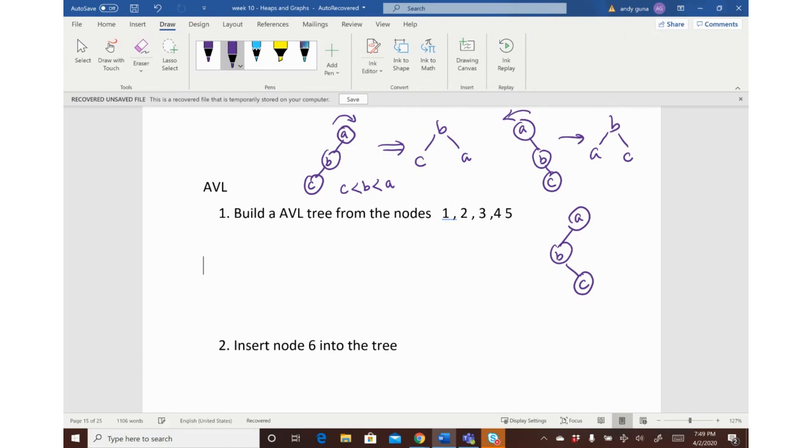So the smallest one is B here, and then C and A. So that's the order of the elements. Now in this case, you have to do two rotations. One, you do a left rotation around the child. So you get A and C and B, and then you do a right rotation to get C, A, and B.